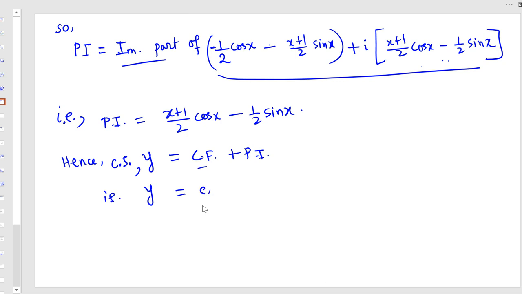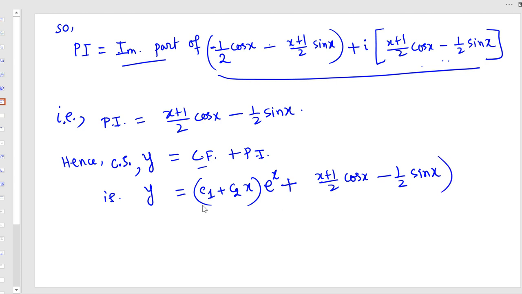So Cf we have calculated as C1 plus C2x into e to the power x, plus pi is now x plus 1 by 2 cosine of x minus half sine of x. So that is our final answer.